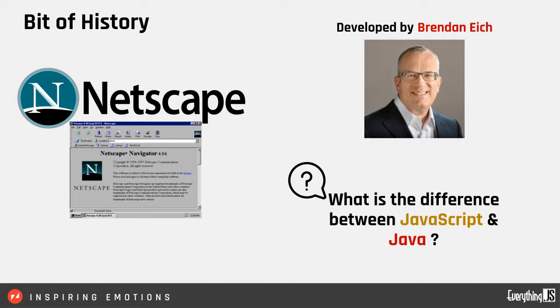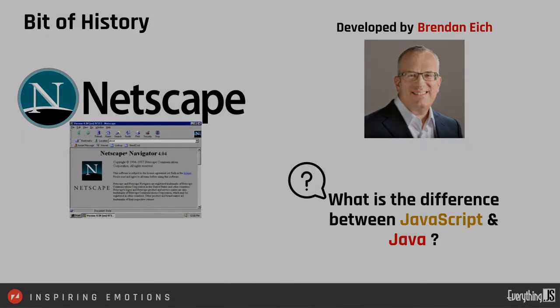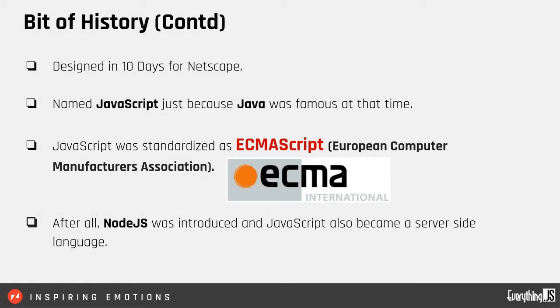So they thought of getting the fame of Java just by using the Java name in it, saying JavaScript. And there is no relationship between JavaScript and Java. Okay, JS was designed within 10 days.